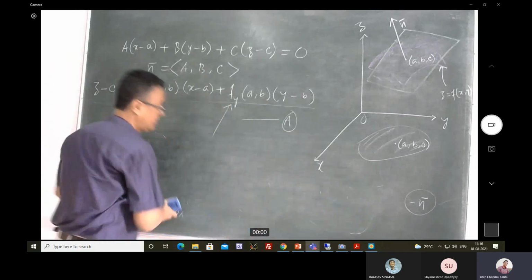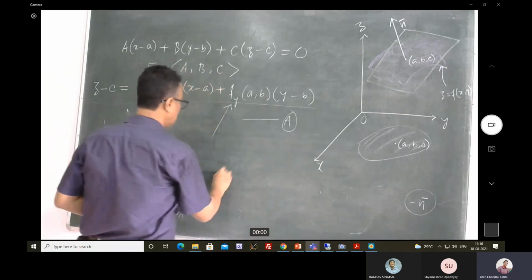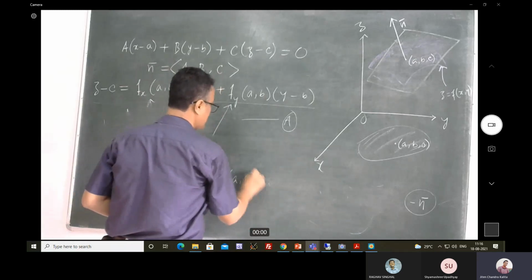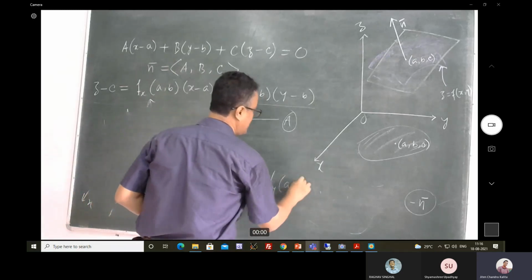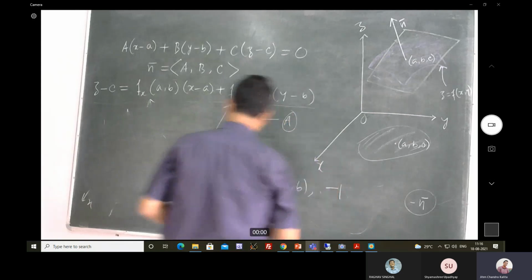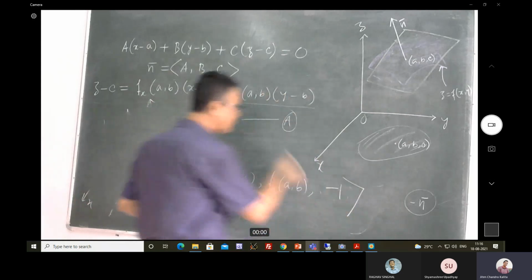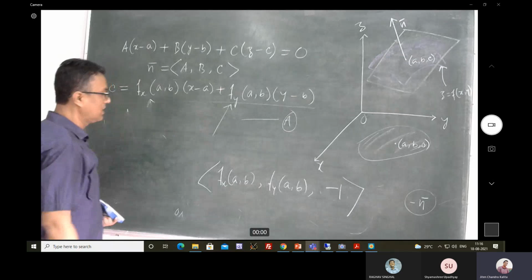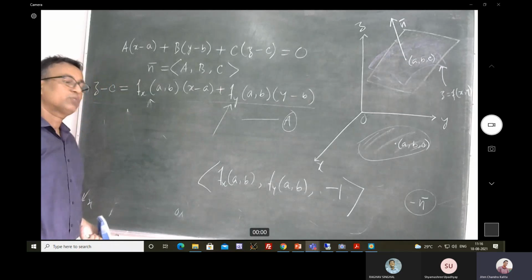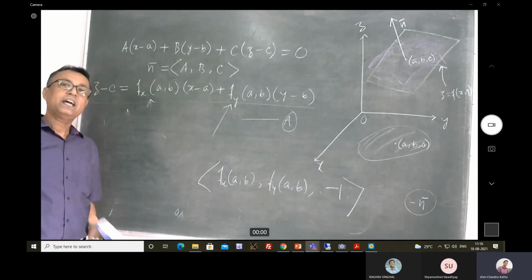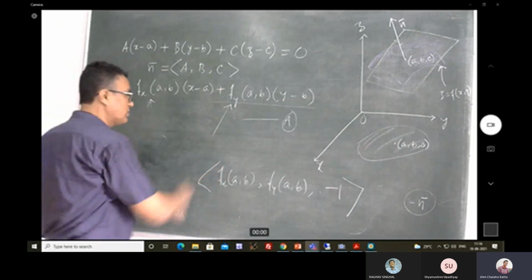Again, see this: fx at (a, b), fy at (a, b), and minus 1. I have these three components of the normal when I compare the equation of the tangent plane and the components of the normal.